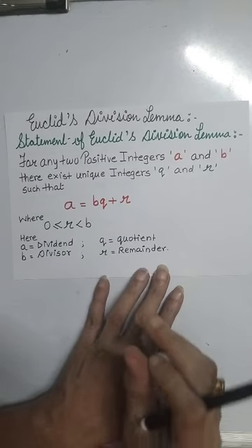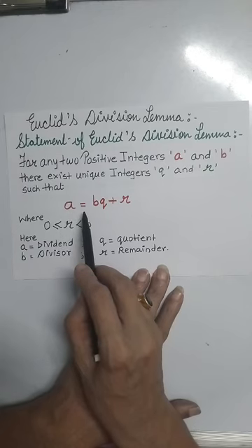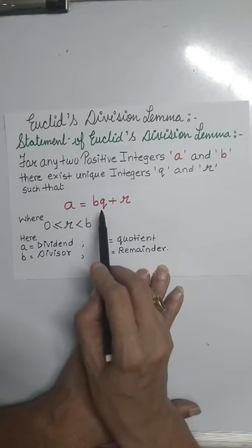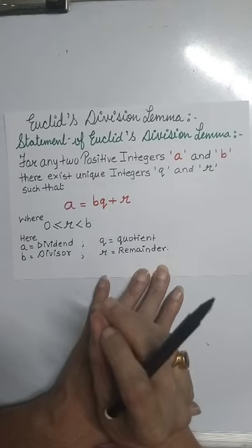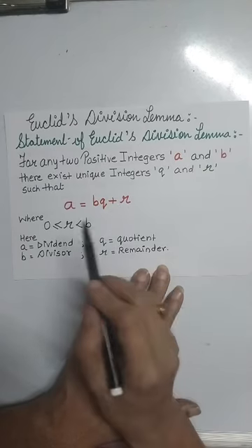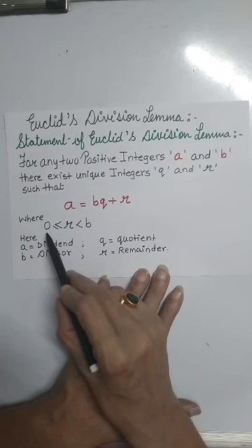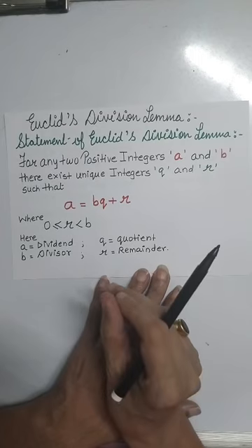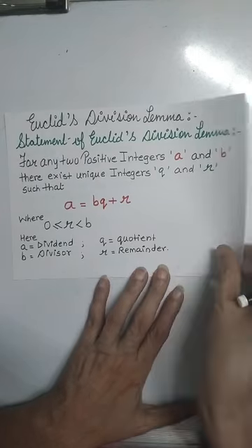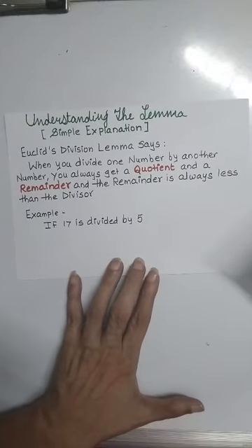In simple words, dividend is equal to divisor multiplied by quotient plus remainder, and always it should fulfill the condition that remainder is greater than or equal to 0 and less than the divisor.